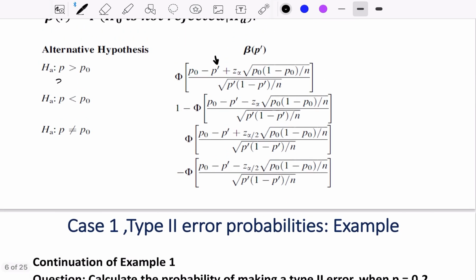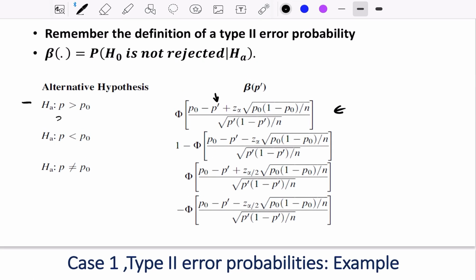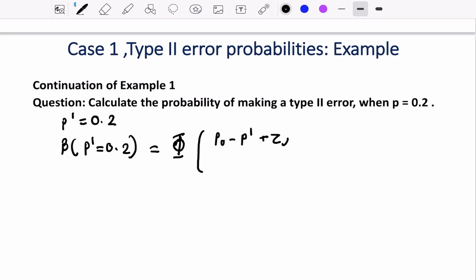Okay, and then which case do we use to calculate the probability? Like I said, this one. Okay, so this means that beta of p prime equal to 0.2 will be this. So it will be p naught minus p prime plus z of alpha multiplied by the square root of p naught into 1 minus p naught.